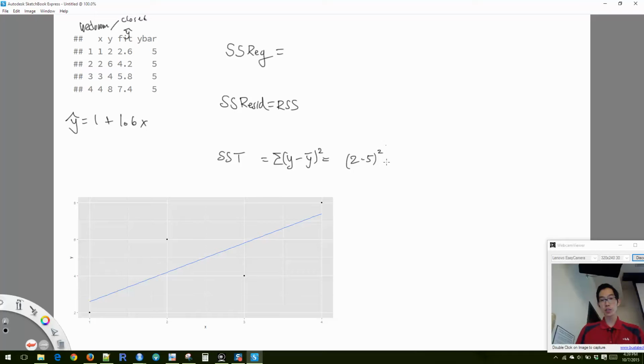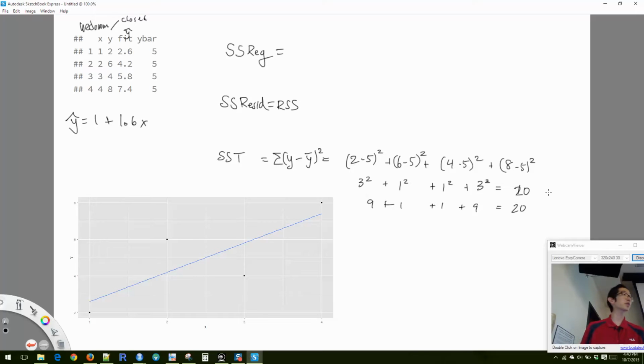So we do 2 minus 5 plus 6 minus 5 plus 4 minus 5 squared plus 8 minus 5 squared. Okay, so I have 3 squared plus 1 squared plus 1 squared plus 3 squared. I have a total of 20, right? 9 plus 1 plus 1 plus 9, yes, 20. Okay, so my sum of squares total is 20.